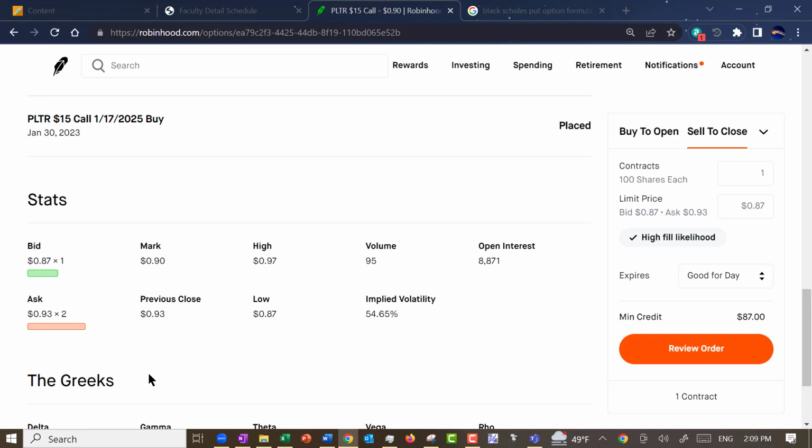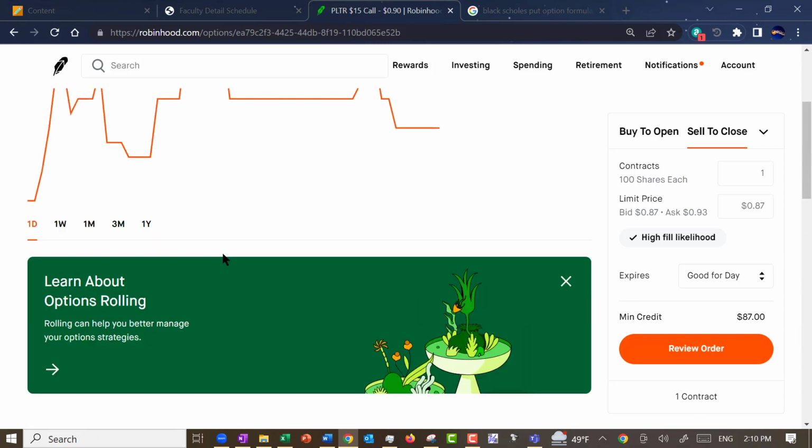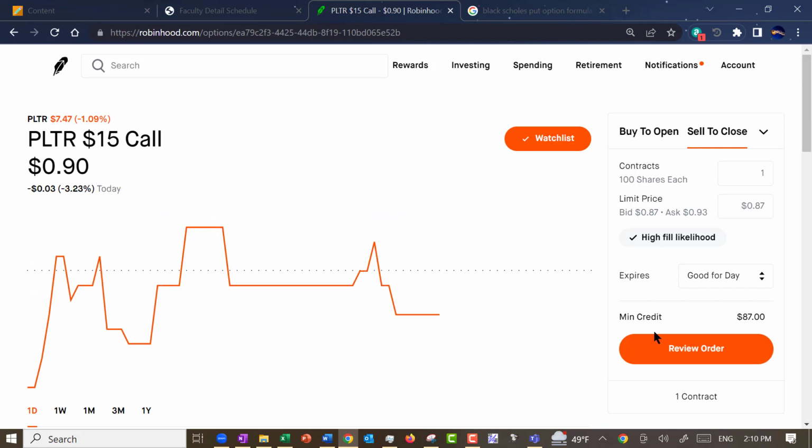In fact, I am that one contract bid at 87. So-called implied volatility. For indicative purposes, Robinhood is, I don't think you guys see the left of it. For indicative purposes, Robinhood says it's 90 cents.